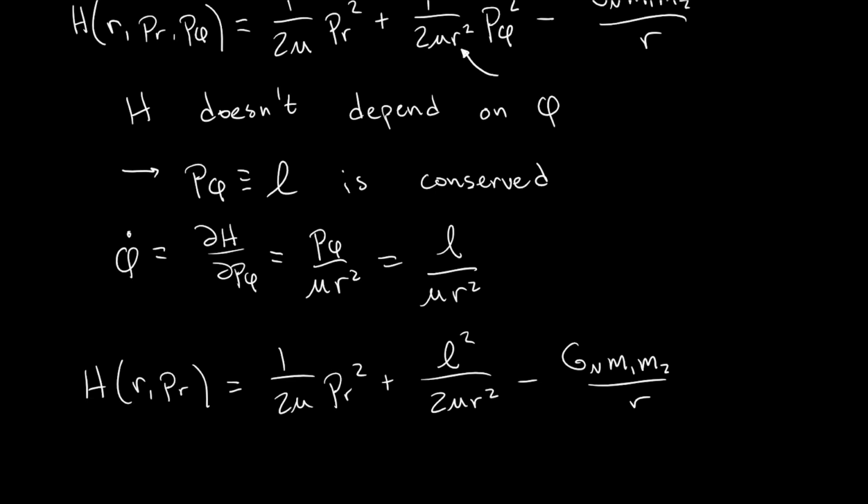And just by redefining coordinates, that's all we did, we've completely reduced that to a 1-dimensional problem in terms of r. So this is one of these beautiful things that happens in Hamiltonian mechanics. You get this massive simplification just by choosing convenient coordinates.